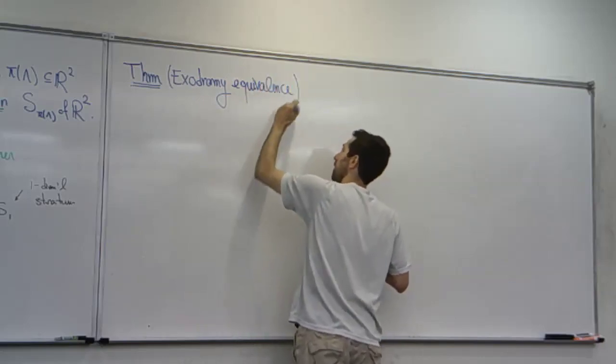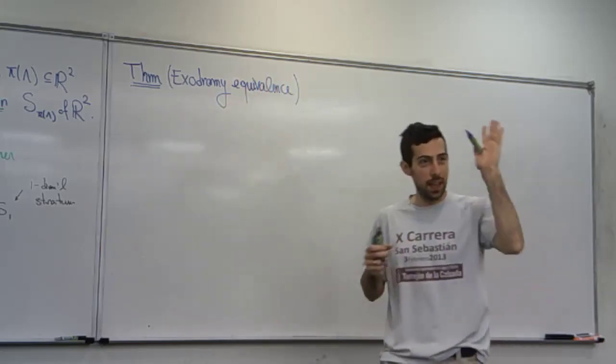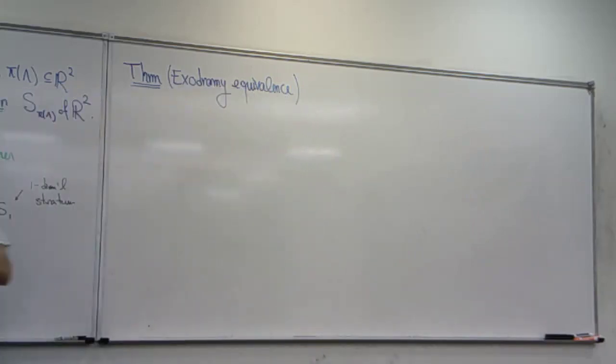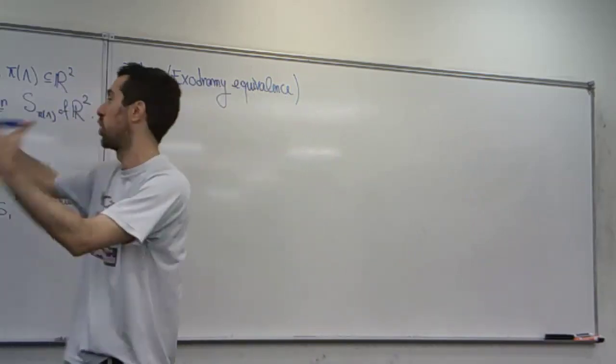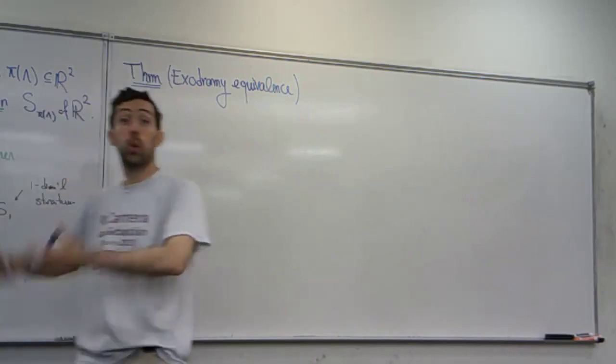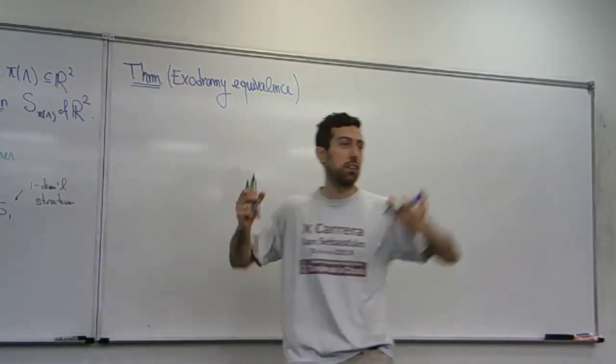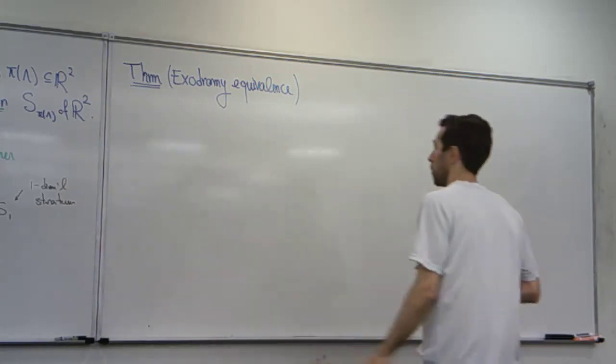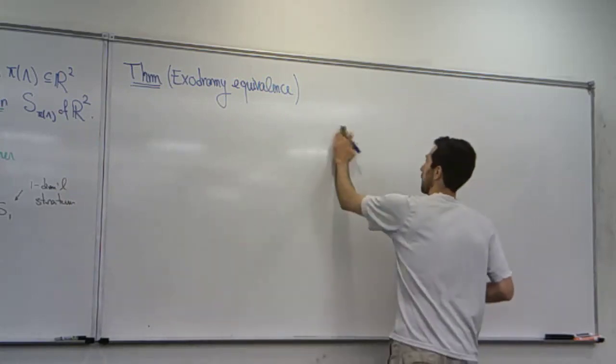And you should think of it, despite the funny name, as a way to compute constructible sheaves on a space, translating a problem in sheaf theory or homological algebra to a problem in representation theory, quote unquote, linear algebra. Okay? So this is what it says in this specific case.